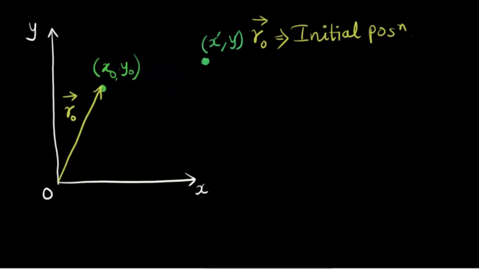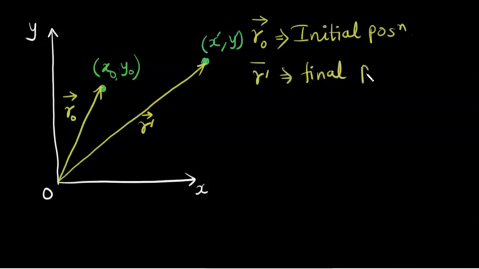Now let's say the vector which is showing this position is r dash bar. This is the position vector of this particle, because it shows the position of that particle. So r dash bar is the final position of the particle.